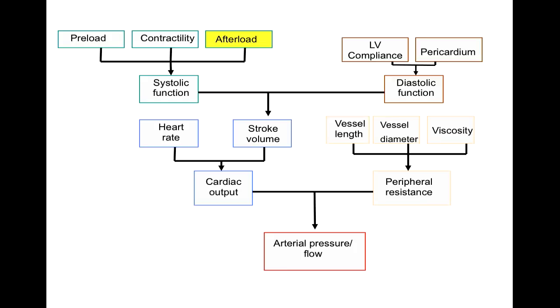Now remember, stuff moves from one chamber to the next based on pressure. So let's say the blood in my aorta or my arterial system had a high pressure. That means the left ventricle of the heart, which is trying to push the blood into the aorta, is going to have to create even more pressure in order to move the blood.